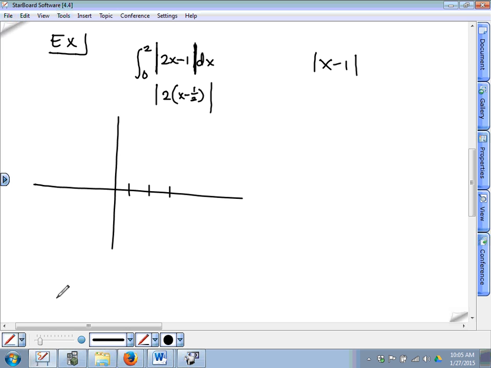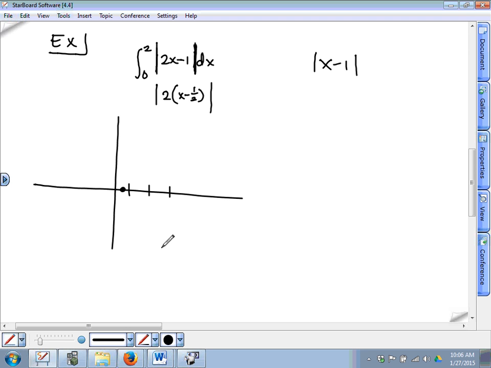How far to the right does it actually move? It only moves to the right half a unit. So move the vertex over half a unit. And what about the 2? That shows how wide it's going to be. It affects the width.